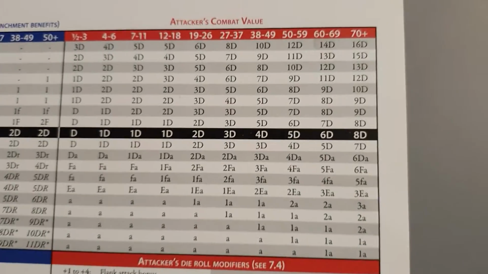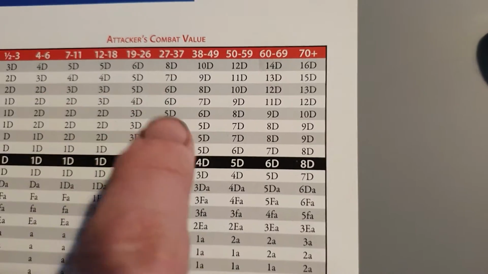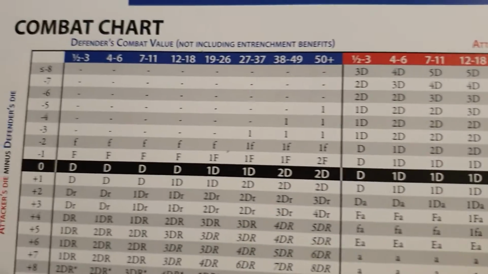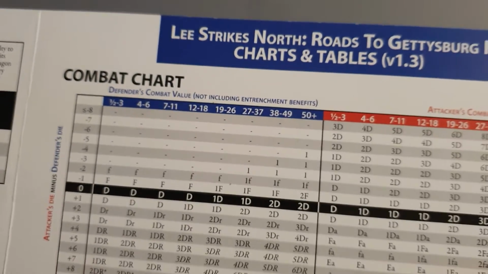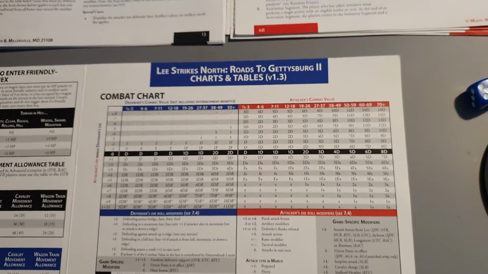Go across to the Confederacy, do the same thing on the 38-49 table, and row 3 I get a 3 FA, which is 3 fatigued with an advance after combat.